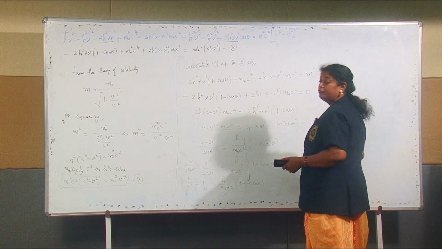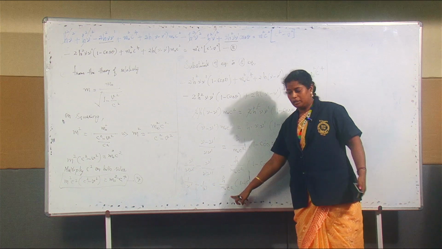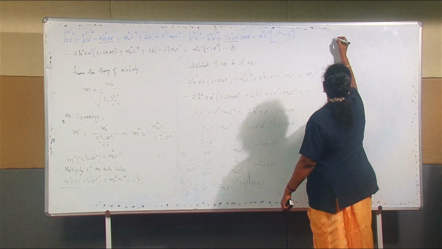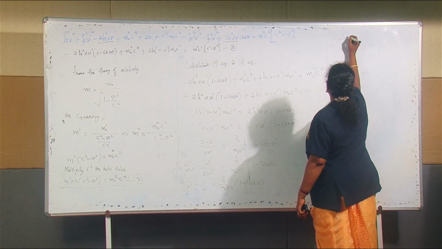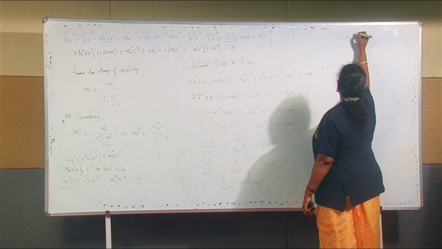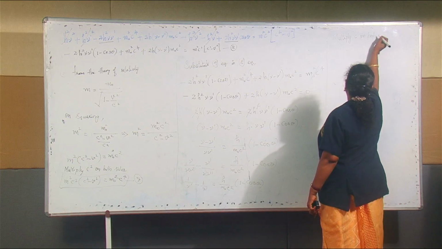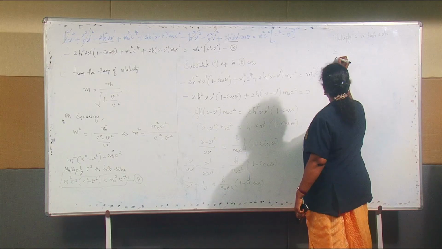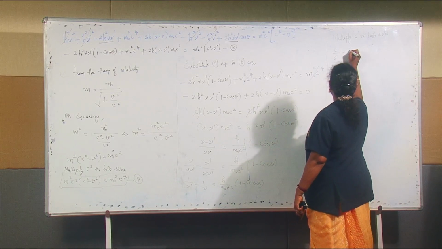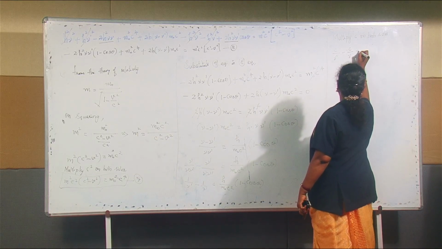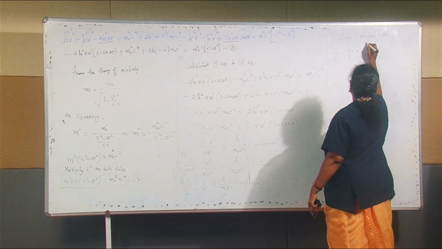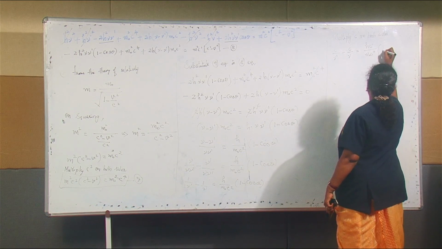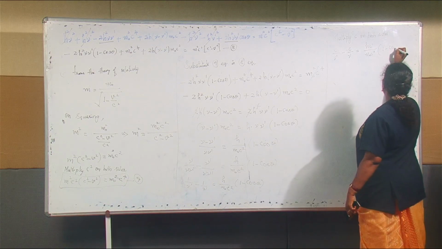So we want to change the frequency terms into wavelength. Here we have 1 by nu dash, and we want to convert it into wavelength, so we multiply by c on both sides: c by nu dash minus c by nu is equal to, on the right side also multiplying by c, hc by m naught c squared into (1 minus cos theta).